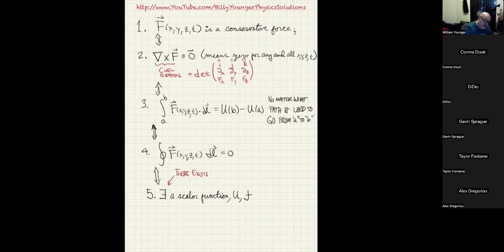Notice that looks like a fancy cursive S running into a fancy cursive T, so I'll write what that is. This means such that F, the actual force of x, y, z, t, say, is equal to the negative gradient of U.